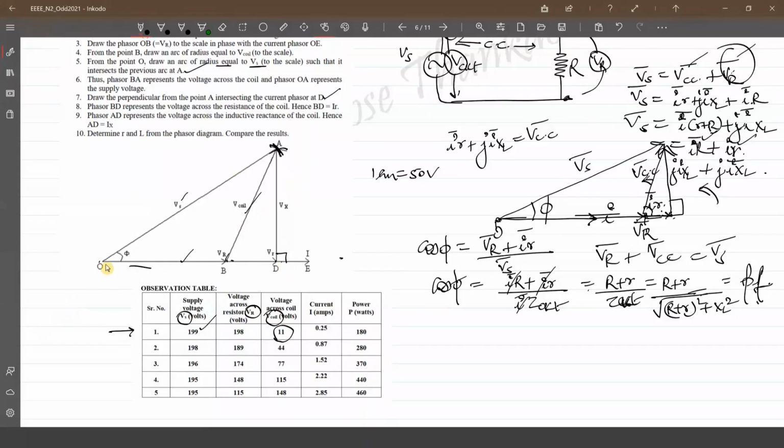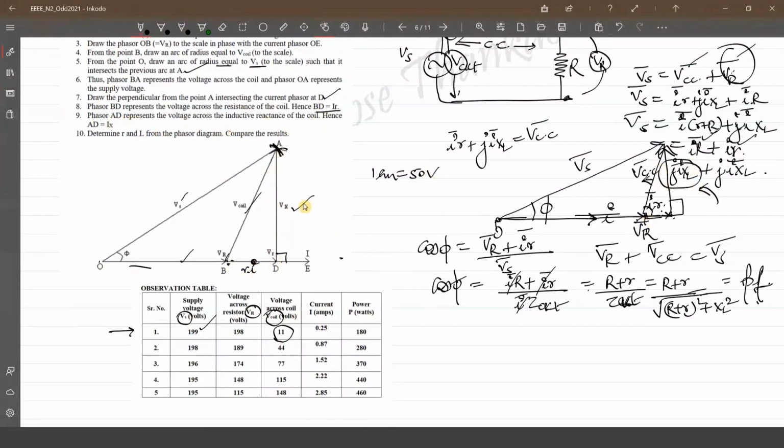So this total measurement BD is actually nothing but small r into I. Small r into I. So BD will be nothing but small r into I. Now phasor AD here represents the voltage across the inductive reactance Vx. That we know also, because what is this?